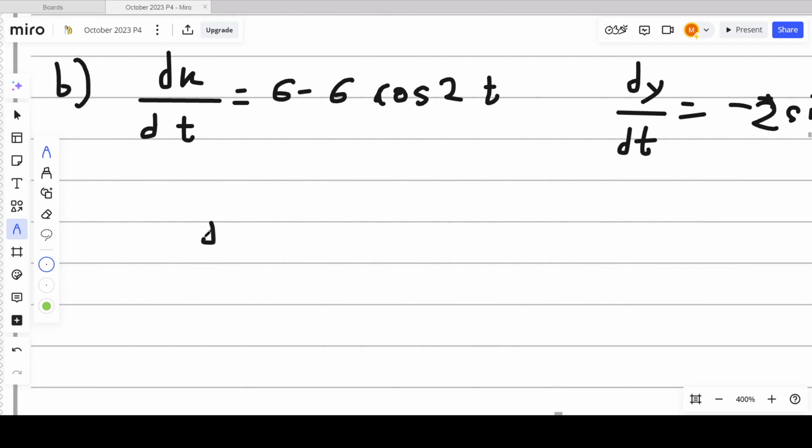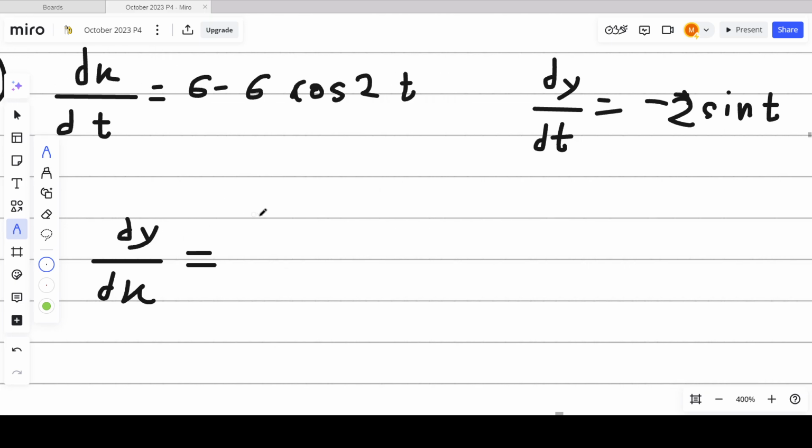Now we need dy over dx. Dy over dx is dy over dt, that is negative 2 sine t, over 6 times, taking 6 common, 1 minus cos 2t.